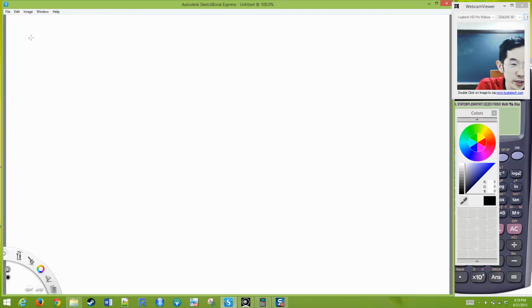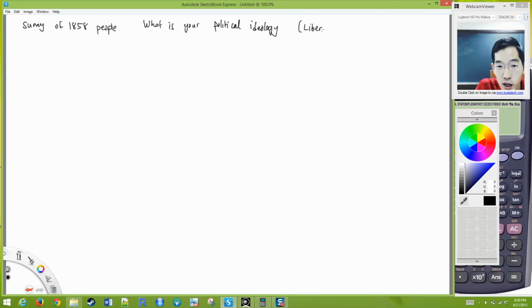So in this data we took a survey of 1858 people, and we asked, what is your political ideology? And we gave them 3 choices: liberal, moderate, conservative.